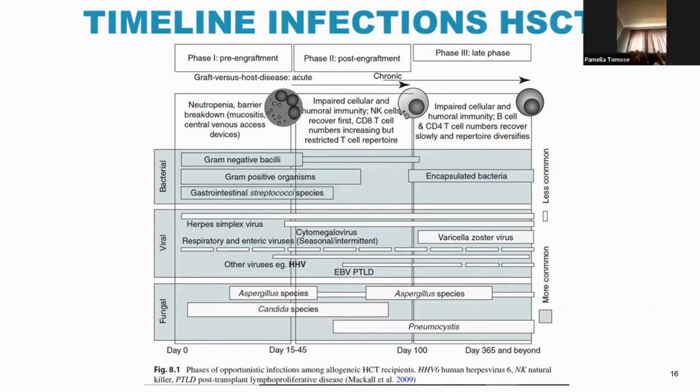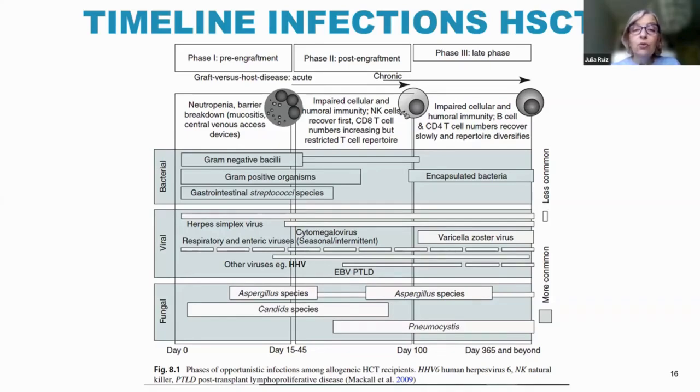These are mainly gram-negative, so these can produce infections. And because of the central lines, mostly we are going to have infections based on gram-positives, such as, for example, Staphylococcus, right? You can also have some types of virus, although they are less common in this first phase. And of course, you can have fungal infections.